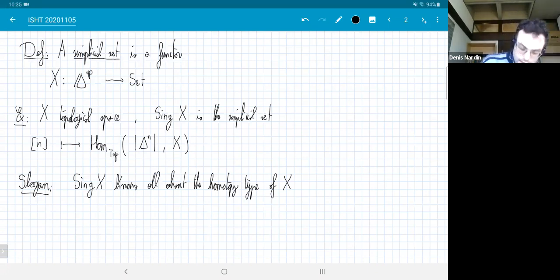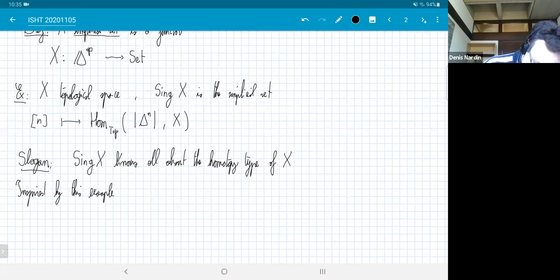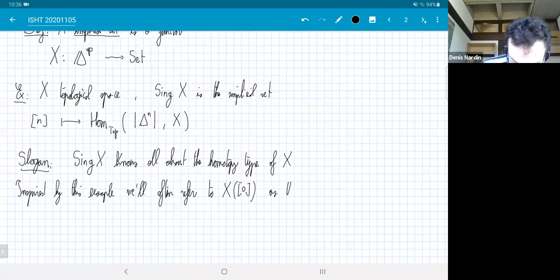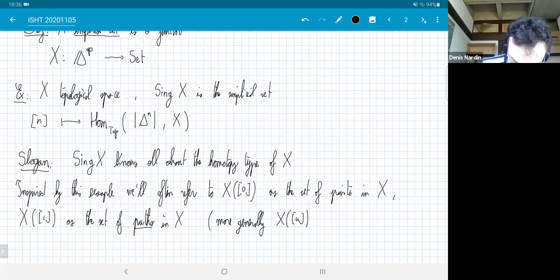And so given this example, inspired by this example, we'll often refer to X[0] as the set of points in X, and X[1] as the set of paths in X. More generally, X[n] is the set of n-simplices.